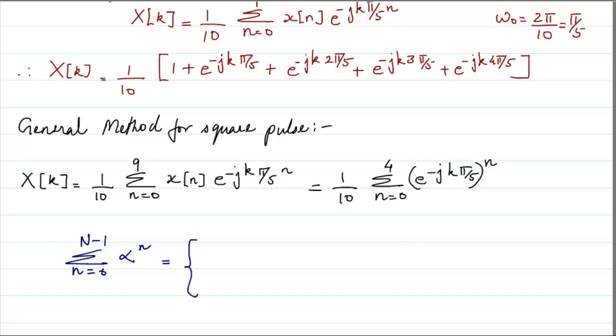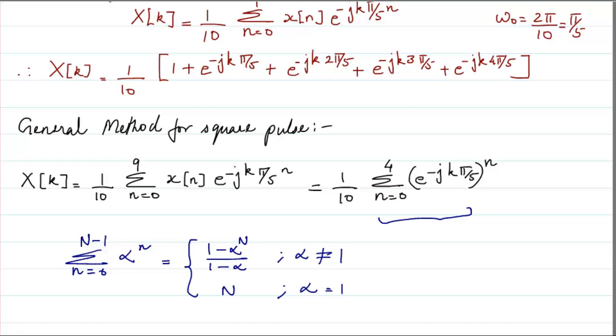The first is 1 minus alpha raised to power N divided by 1 minus alpha, for the case when alpha is not equal to 1. When alpha is equal to 1, this value will come out to be N. So this is the equation that we will apply.